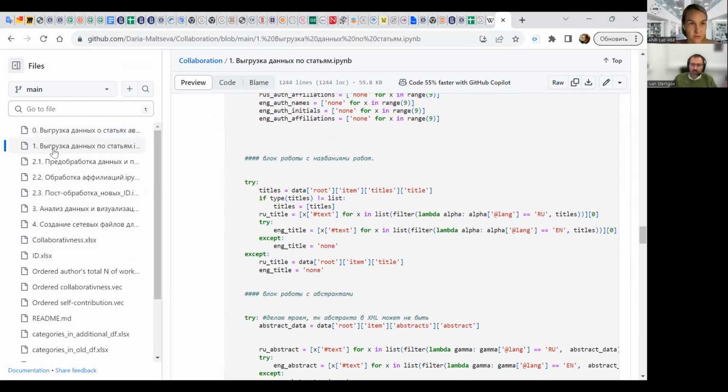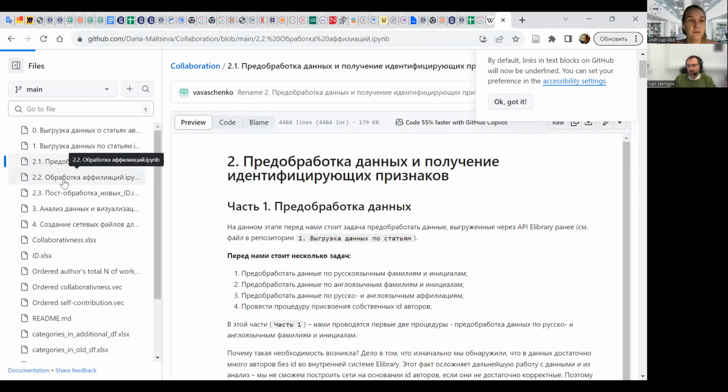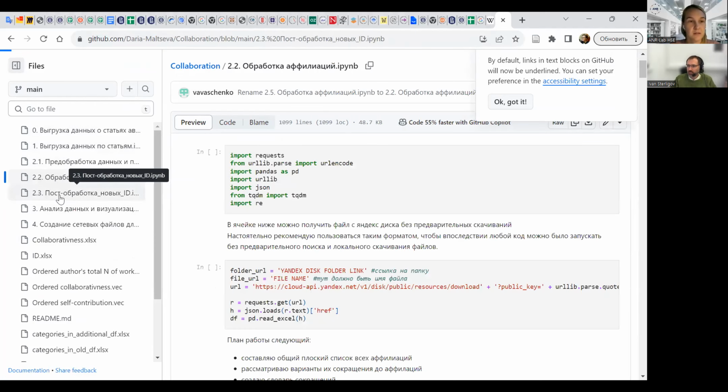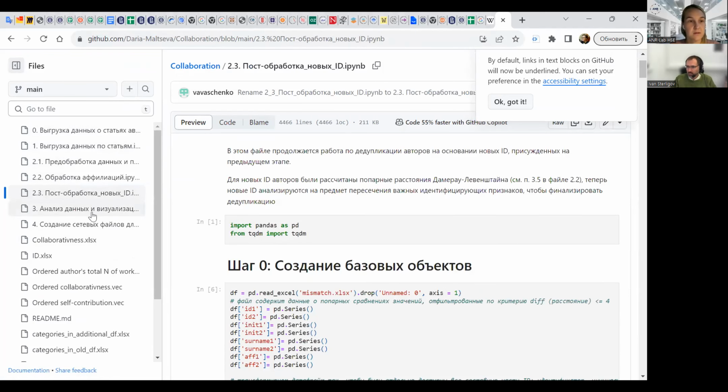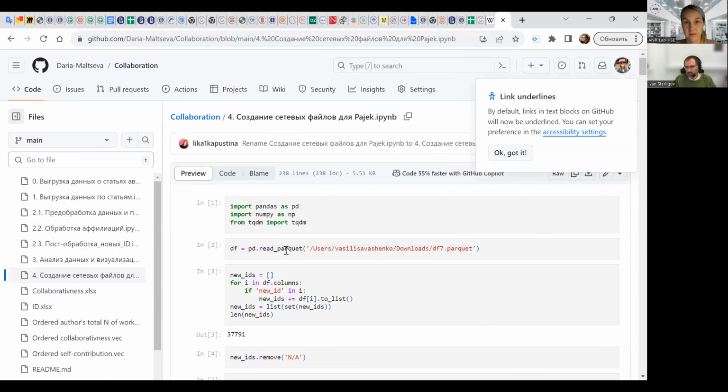It follows everything: first how to get the data, then how to pre-process it, how we worked with affiliations, some post-processing, some analysis and visualization of data, and then how we make network files. This is the whole program.